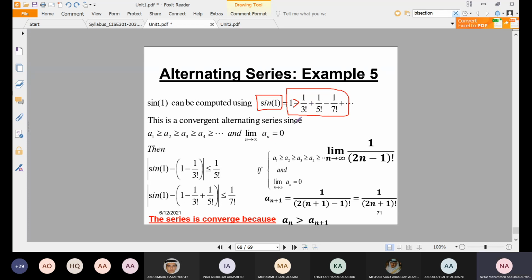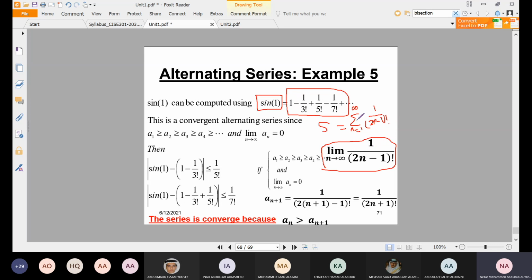Let's do the general formula of this series. S equals the sum from n equals 1 to infinity of 1 over (2n minus 1) factorial.